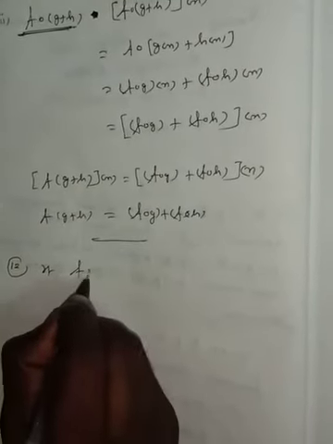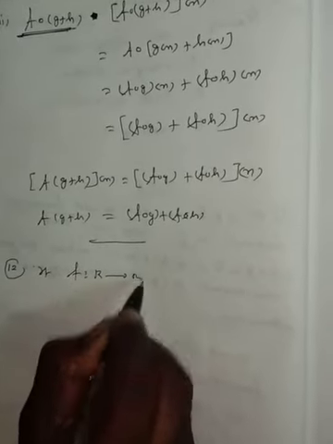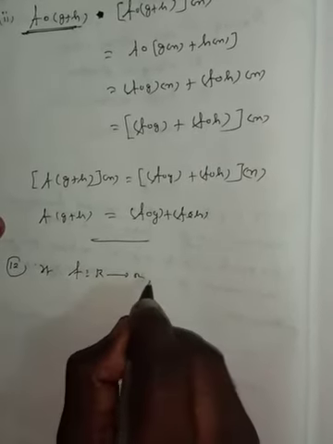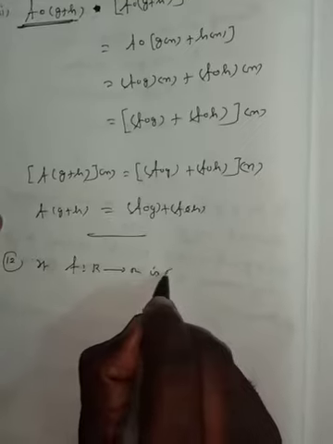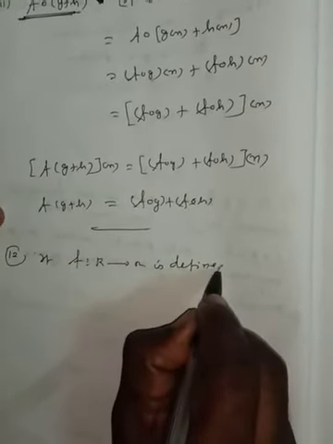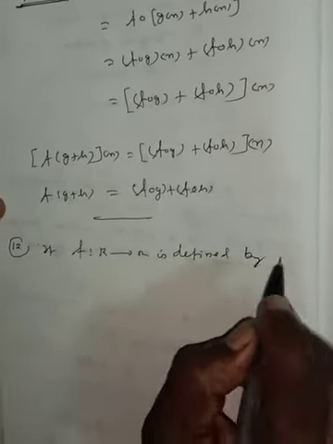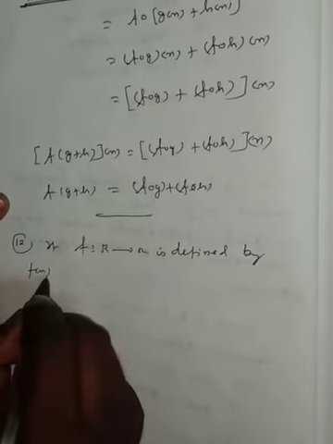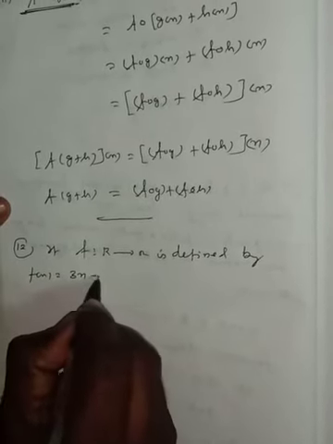Next: f is a function from R to R defined by f of x is equal to 3x minus 5.